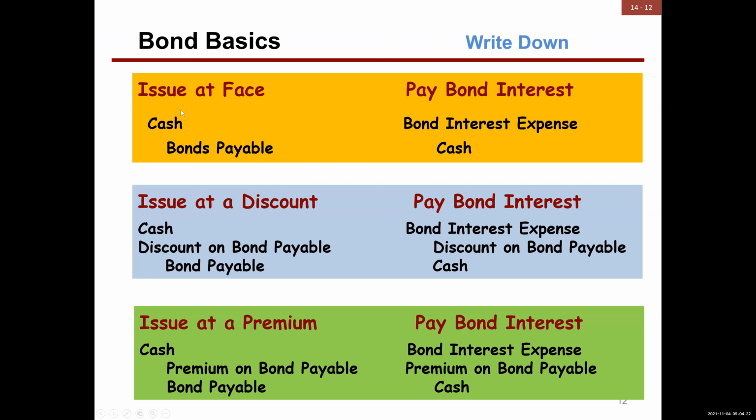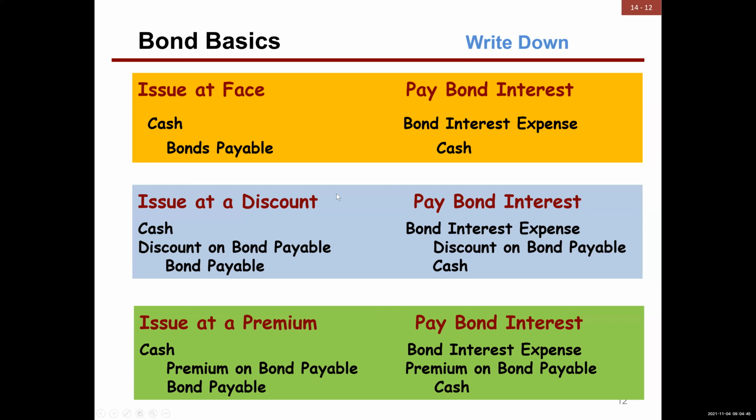When you issue a bond, of course, you're going to receive cash. And then you sign the bond, and basically you owe the money. Then every 6 months, you're going to pay interest expense, right? So debit interest expense, credit cash.